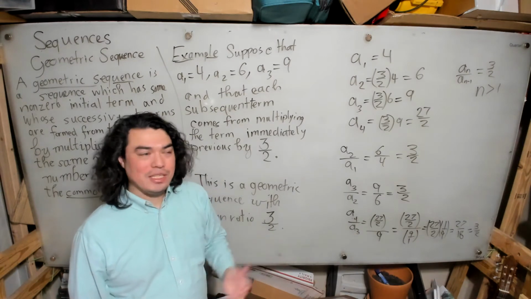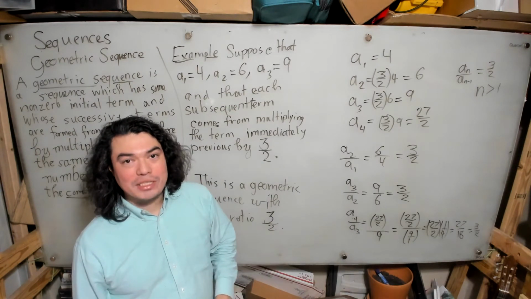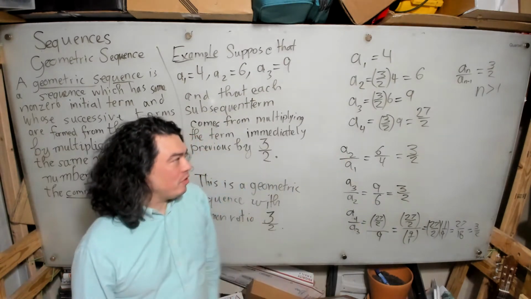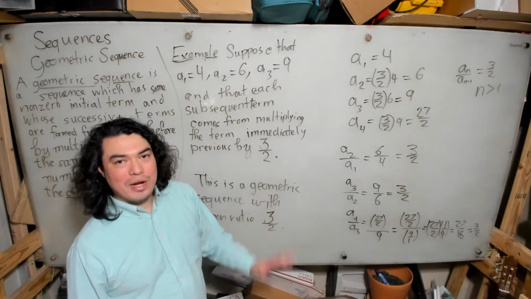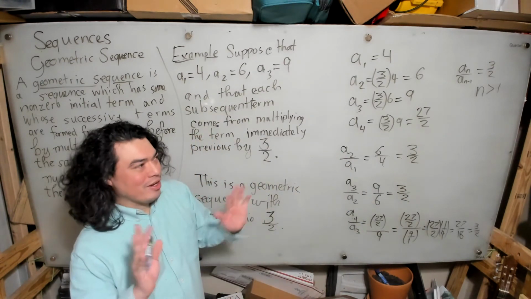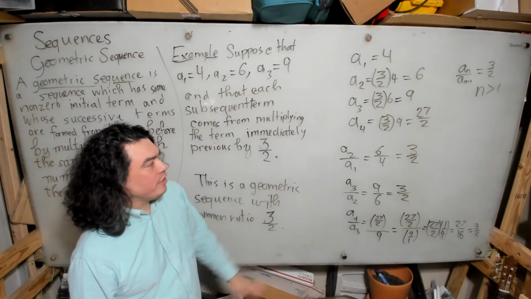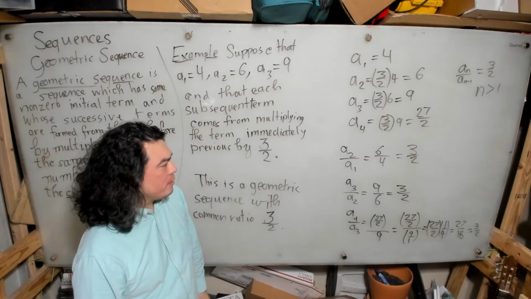And that ratio is the common ratio, because it's common to every pair of consecutive terms in the geometric sequence. So that's why it's called the common ratio. That's the first observation that I wanted us to make.